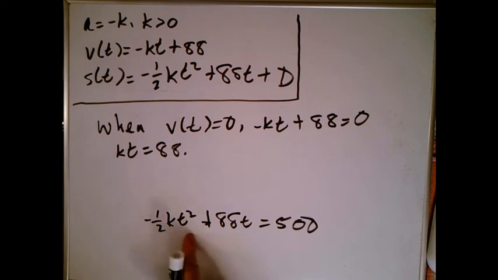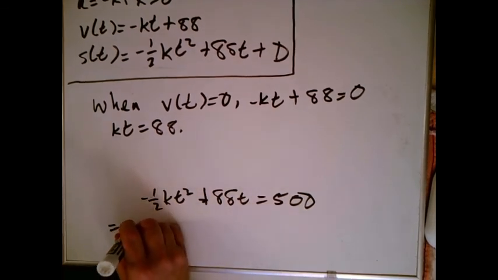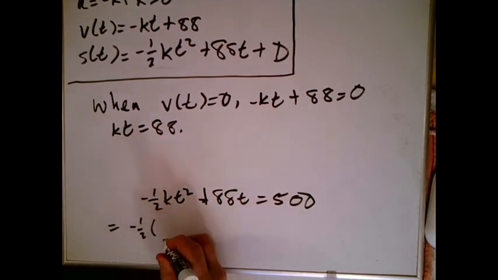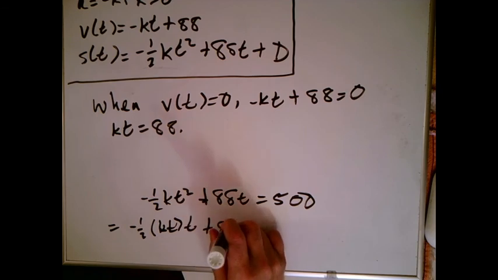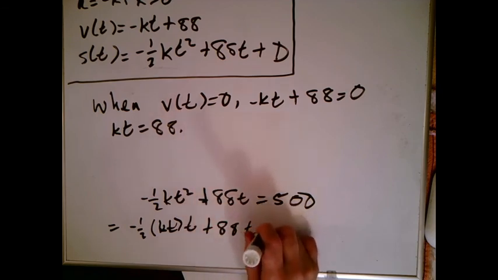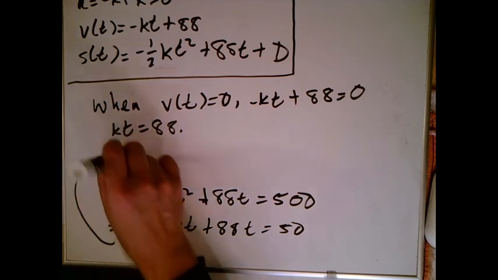I'm going to notice that kt goes into this bottom thing right here. So down here, I'm going to write this as minus 1/2 times kt times t plus 88t equals 500. And from here, I'm going to go back up and start writing right there.